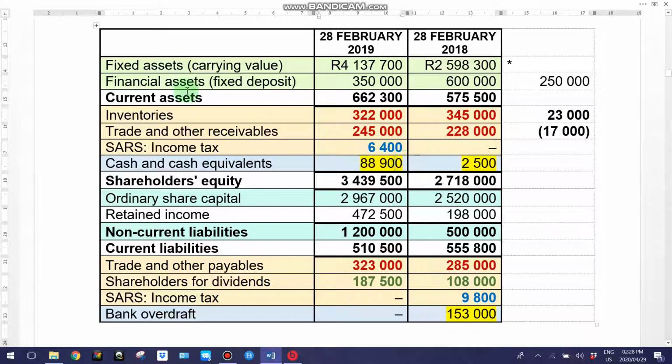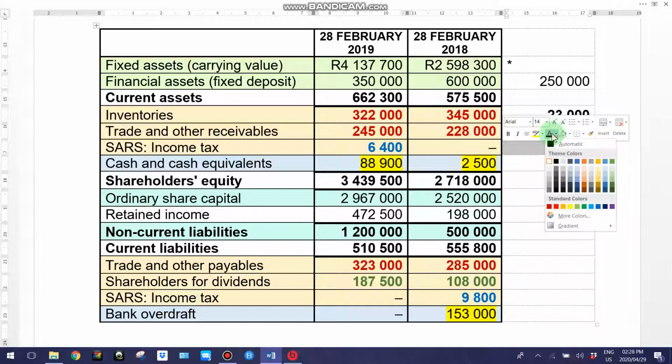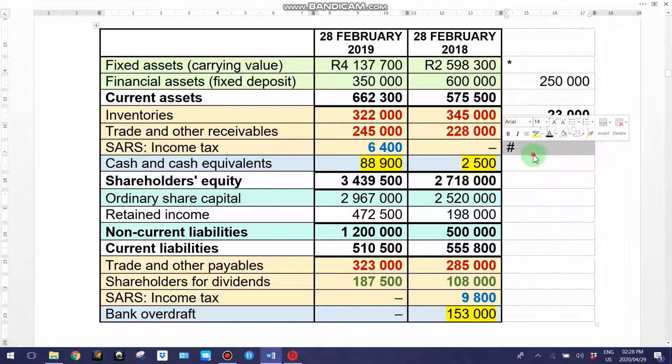But I know that it is a current asset. We will look at that in a little more detail when we're doing some calculations. Going down the list, I said I need to look at this later, and the cash and cash equivalents I'm also going to look at a bit later.